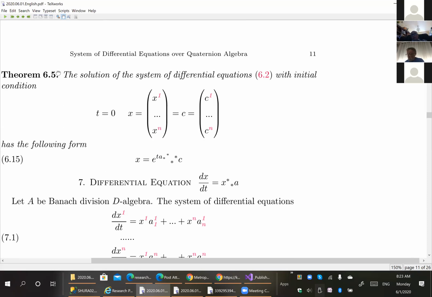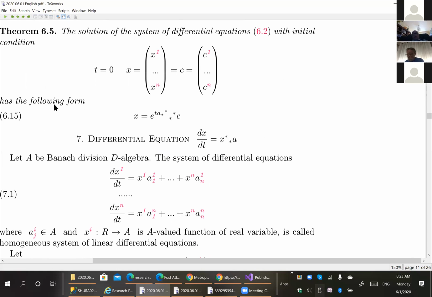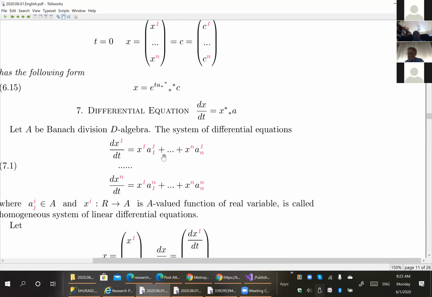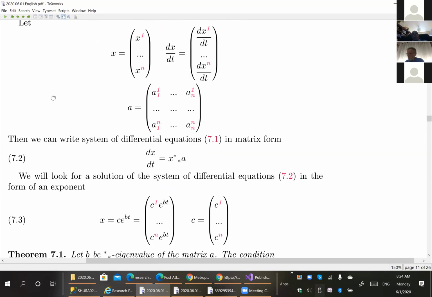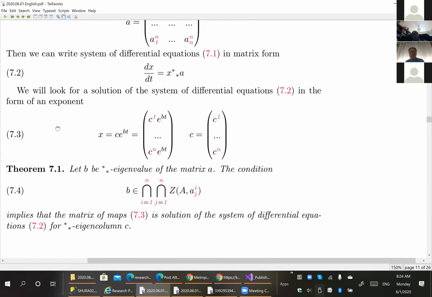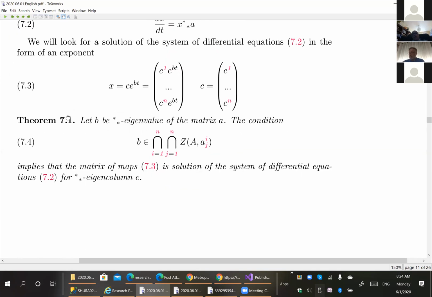Similarly, if I have a constant written on the right side, then in this case I have a column-row product, and instead of the RC eigenvalue, I get the CR eigenvalue. But in general, the theorem looks similar.